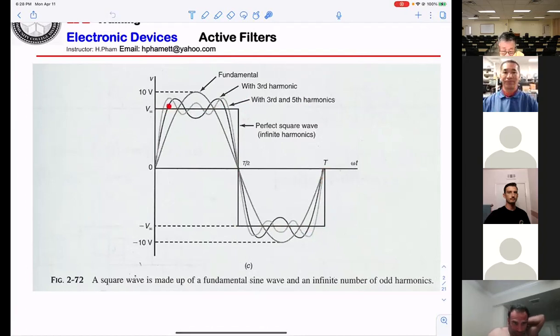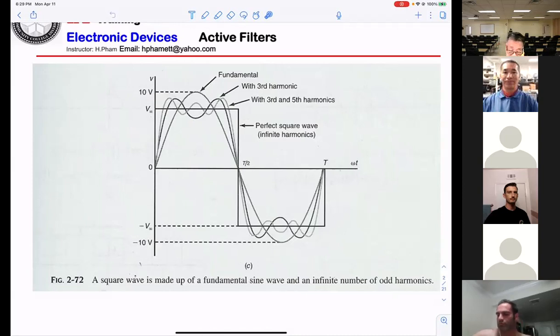So the square wave will be made up of more odd harmonics of the sine wave. So inside a square wave, you get too many sine waves.